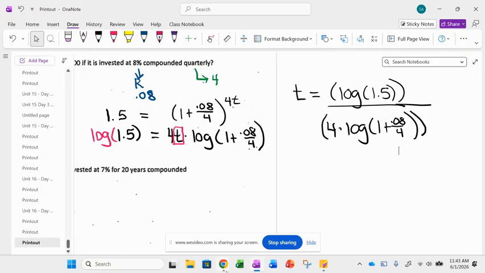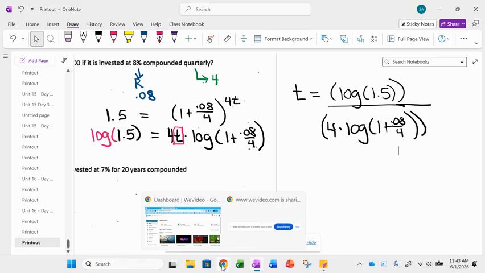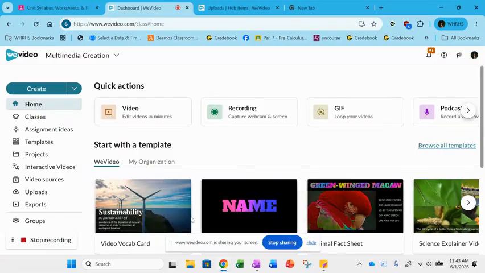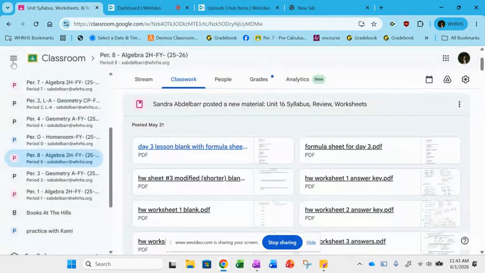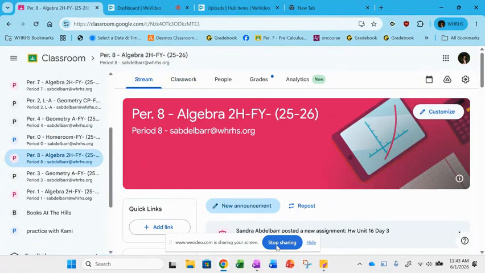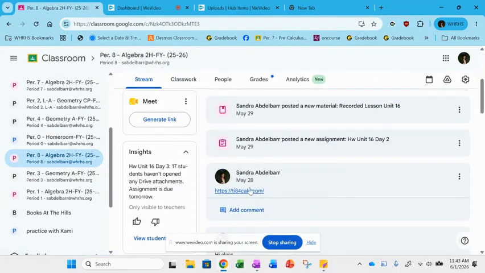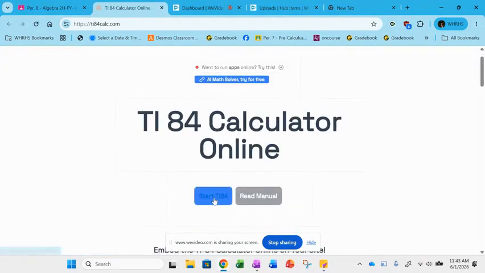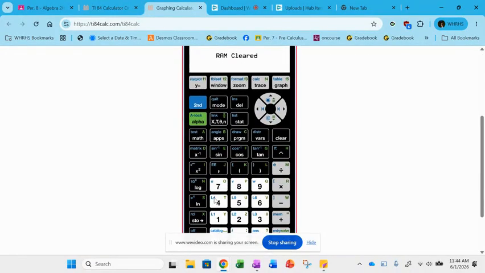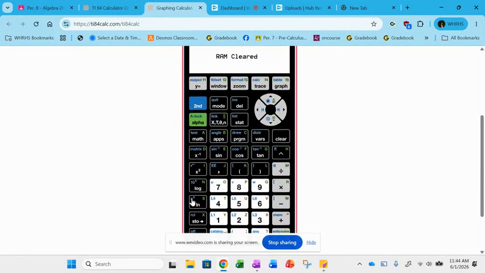And now let me show you how we plug this into our calculator. All right, so we have our parenthesis and our numerator.